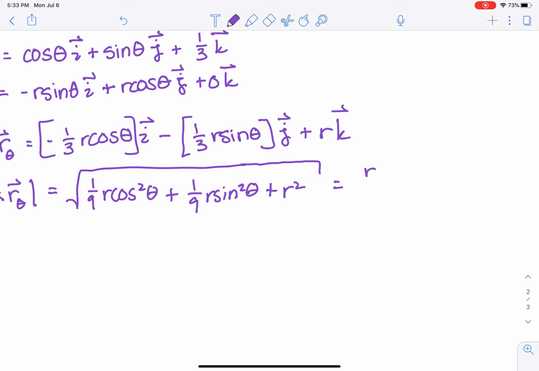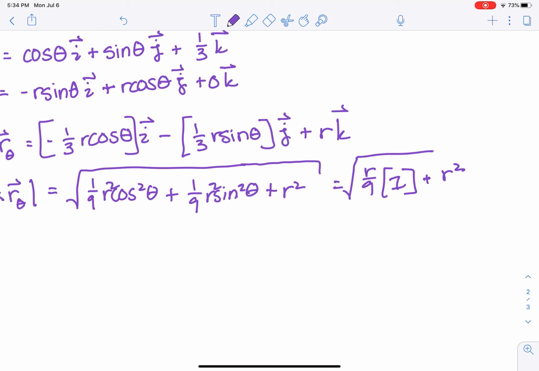Oh, I'm sorry. All these r's should be squared as well. That's why it wasn't going to simplify. So it should be 1/9 r squared cosine squared, 1/9 r squared sine squared, plus r squared.